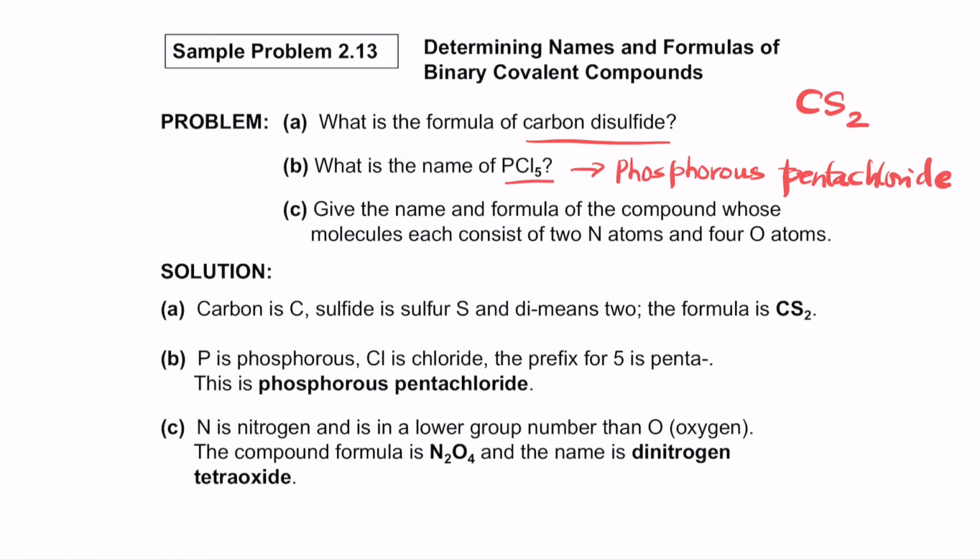They're asking you to give the name of the compound whose molecule consists of two nitrogens and four oxygens. So that is N2O4, which is dinitrogen tetroxide. Whichever is first in the periodic table gets preference over the one that is later in the periodic table.